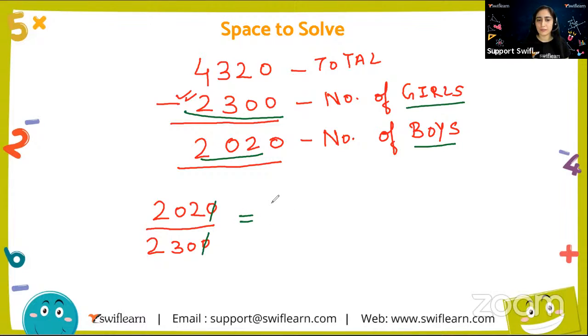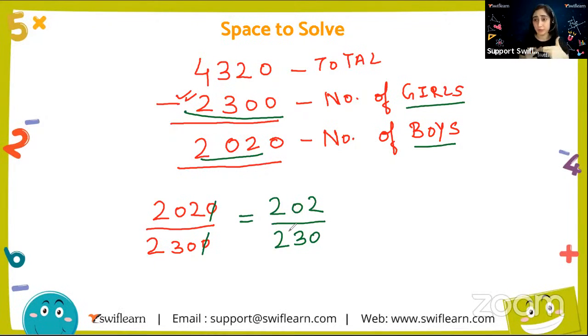So that comes out to be 202 upon 230. Now, is it in the simplest form? It's still a very big number, right? So let me find a number by which both numbers are divisible.